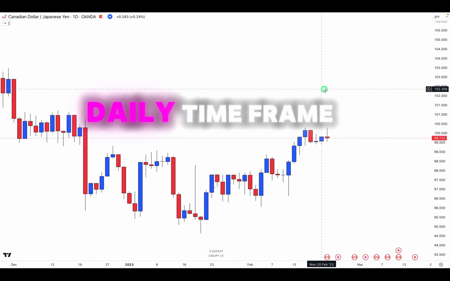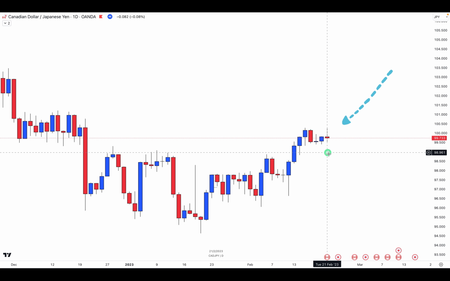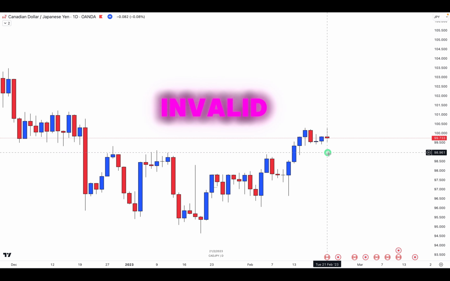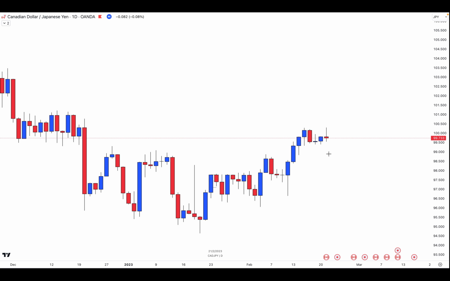Looking at the daily time frame, you can see that the 22nd Feb is not a valid day to trade, because you can see this actually closed bearish, which makes Wednesday 22nd Feb invalid. Let's go to the calendar and see if the following day, the 23rd Feb, is valid or invalid.